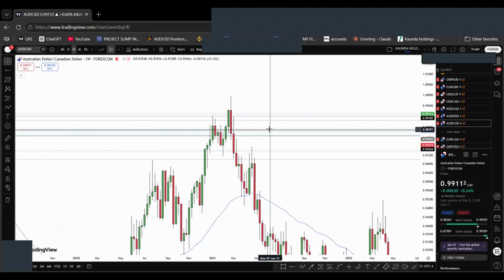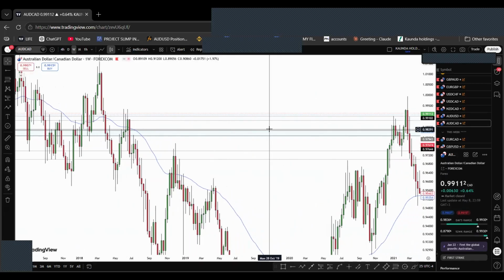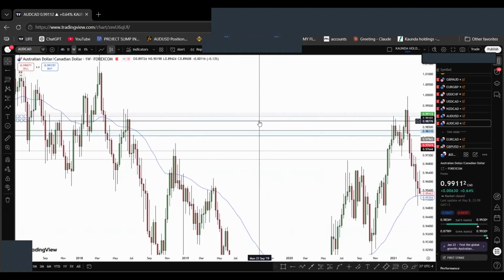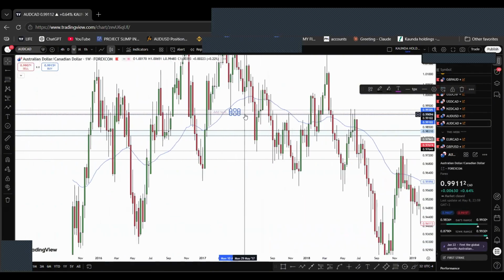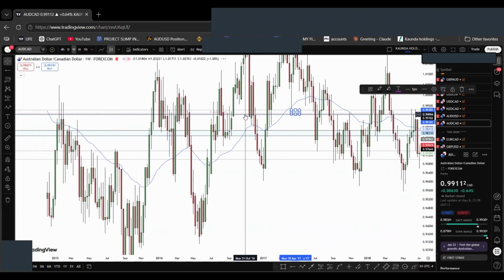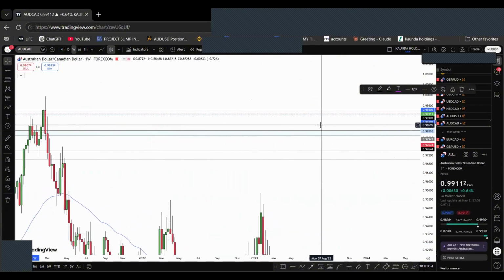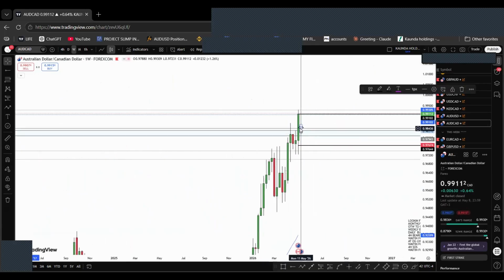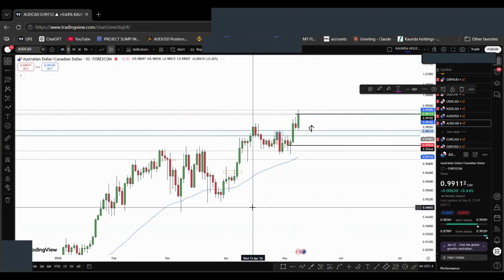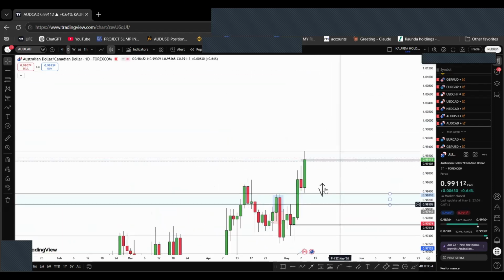So as you can see right now, price is reacting at this all-time high. You can see price is reacting at this all-time high. So I expect a retest at this level to then continue pushing price up at this zone.